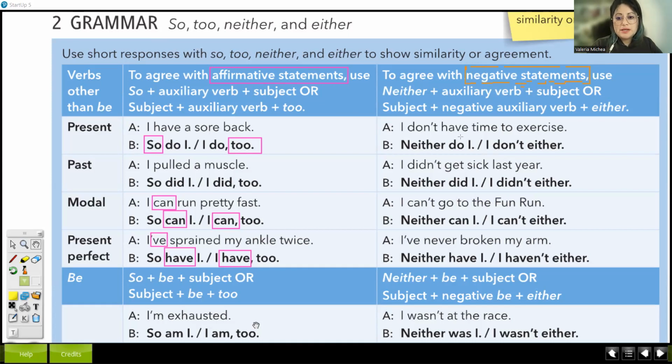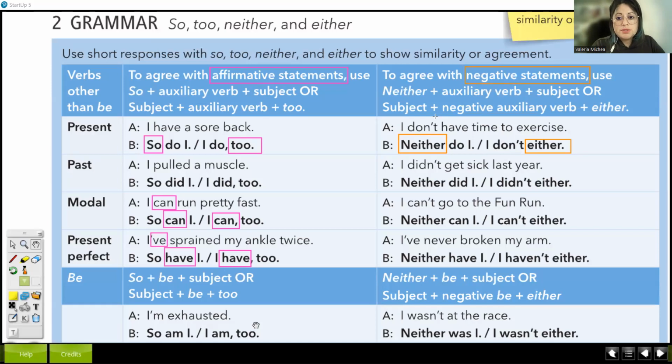So for negative statements, again, you have two options. The first one is with "neither," and then we have "either." Again, we are using the auxiliary verb of the present: "neither do I" or "I don't either."